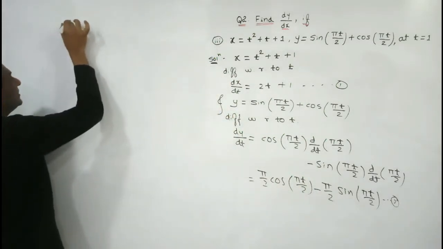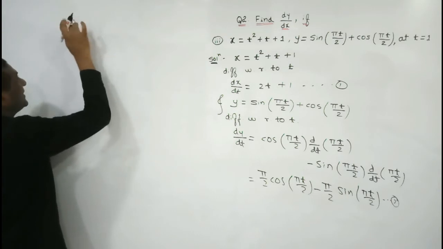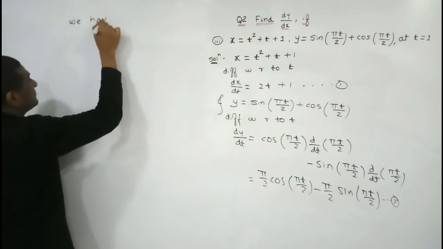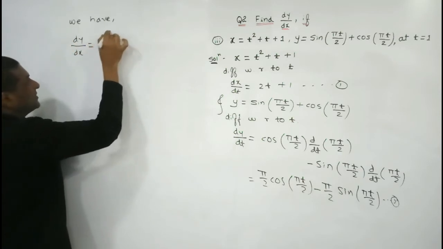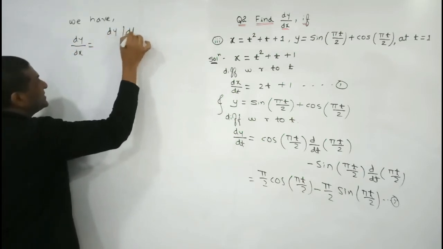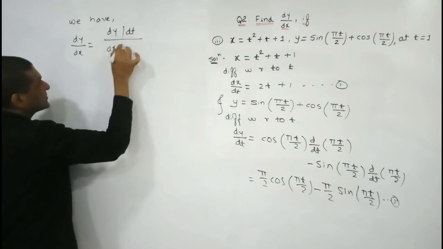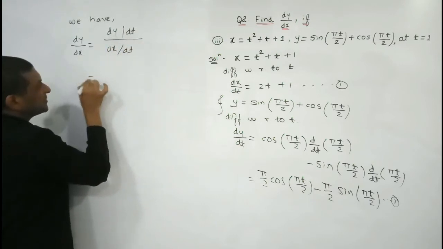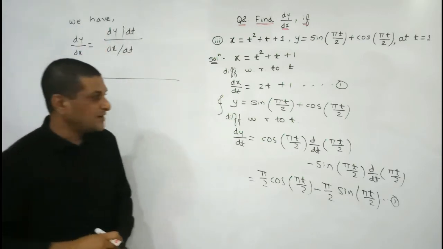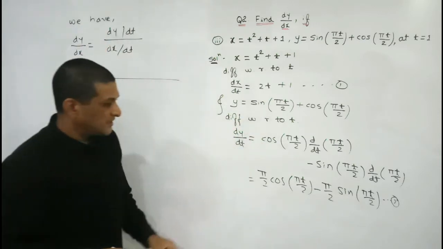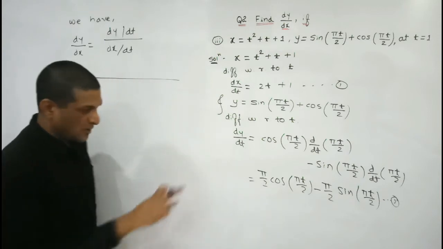Now we have one formula to find the differentiation. Applying that formula we are finding dy by dx. So dy upon dx equals, what is the theorem? dy upon dt divided by dx upon dt. In the numerator we are substituting the value of dy upon dt from equation number 2.